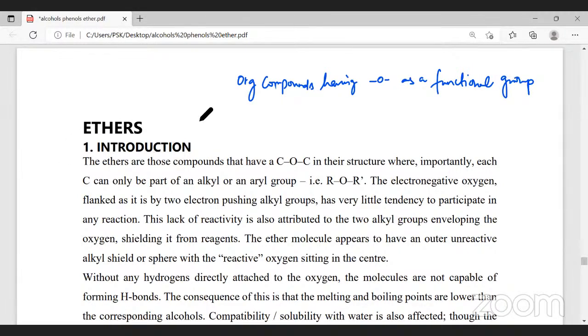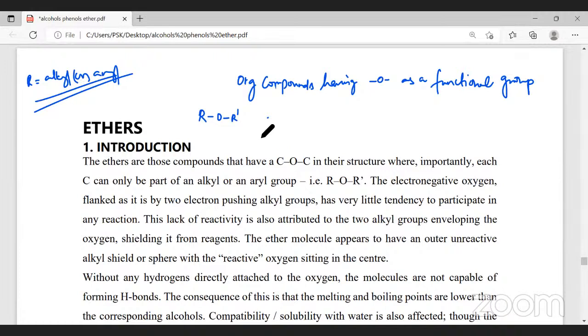So the general representation of ether will be ROR'. R is an alkyl group, or it can be an aryl group. It is not hydrogen here. So what is this R? R can be alkyl or it can be aryl group. Similarly, R' also can be alkyl or aryl group.